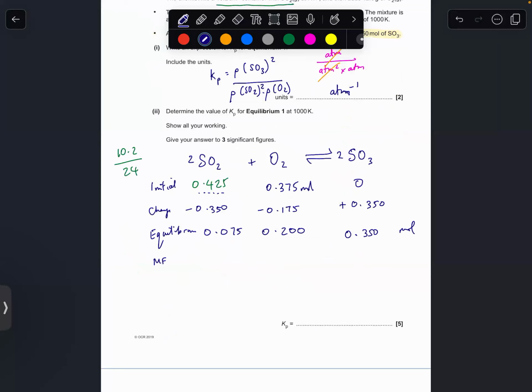So that's going to be 0.075 divided by the moles added together. So these mole fractions, let's work them out.